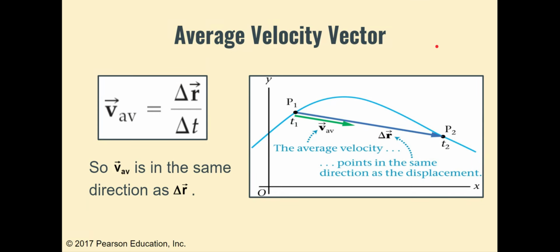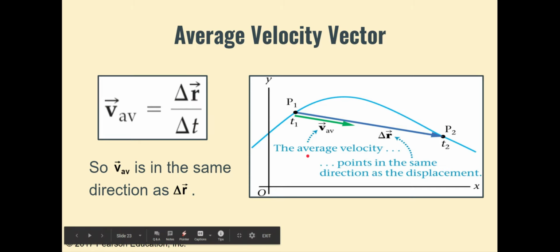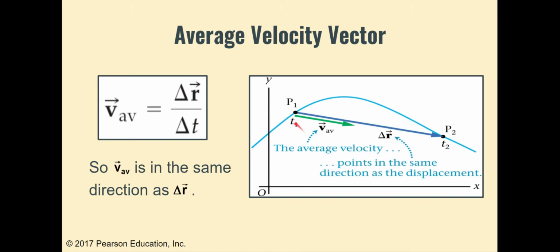We also have an average velocity vector, and you'll recall that the velocity is just equal to our change in position over our change in time. And remember, we are now using an R to represent our change in position. So we have our initial position, we have our final position, and we know the times involved with that.